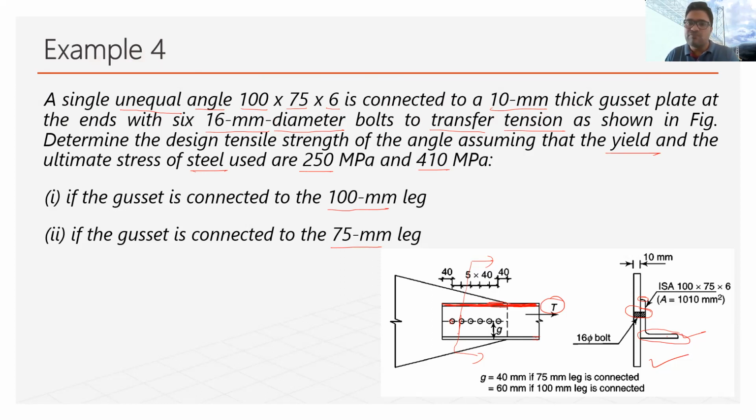Well, how we can find out that? First of all, we have to determine the design tensile strength. As I have already explained in the previous example, that design tensile strength we find out in three aspects. One is the design tensile strength in yielding, and in rupture, and in the block shear.